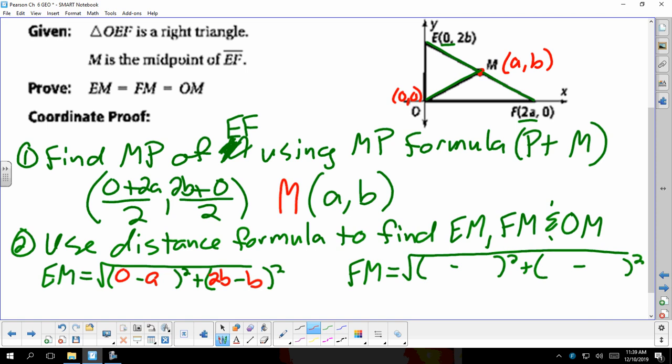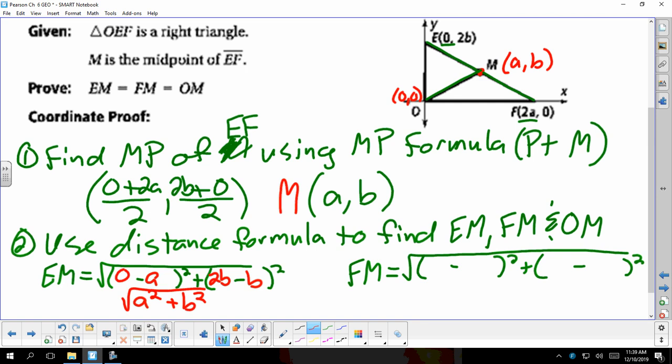Negative a squared, so a negative a times a negative a is just a squared. And then 2b minus b, I'm just going to leave it just like that.